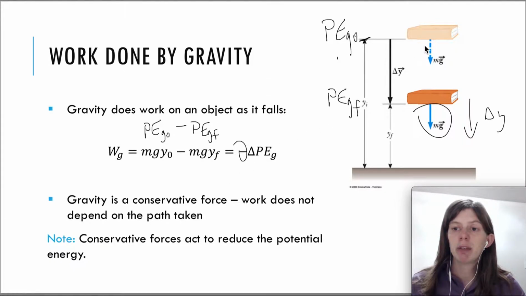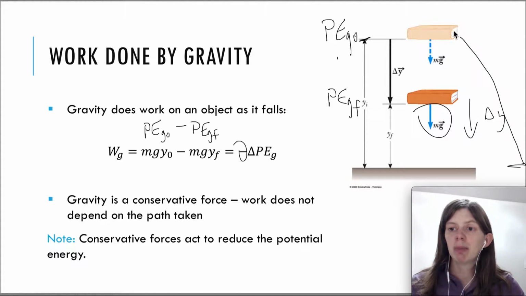It doesn't matter if your object falls straight down or if your object was on a frictionless slide, sliding down this way. Gravity would always be a force downward. The displacement, no matter what your path is, is always from this top position to this bottom position. So the same work is going to be done no matter the path.